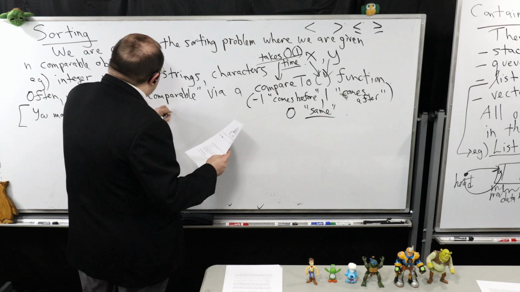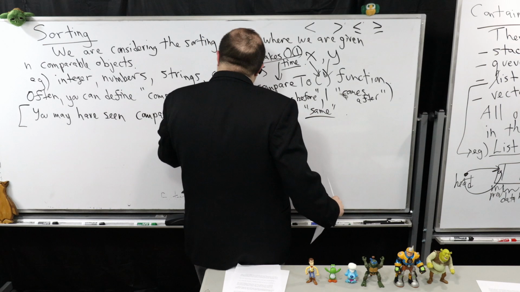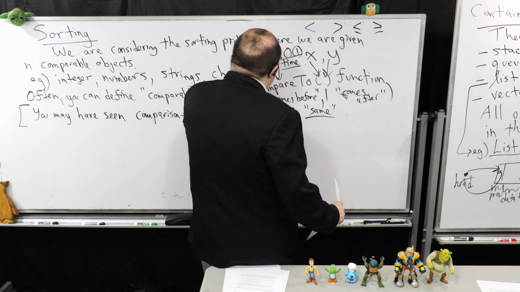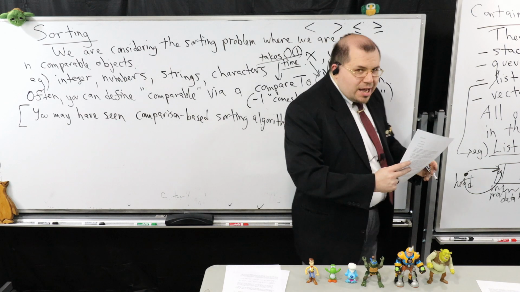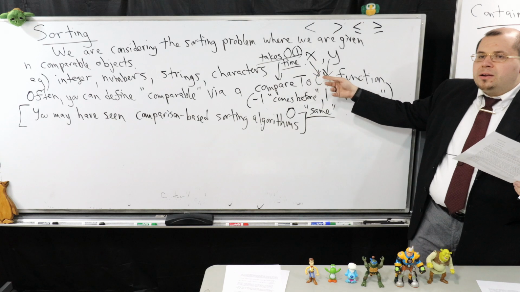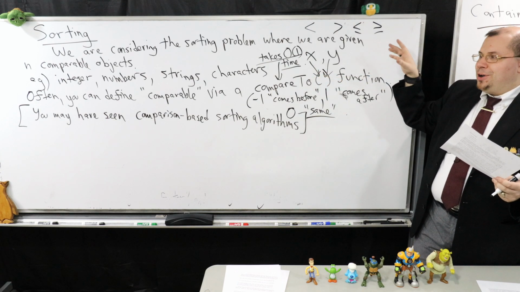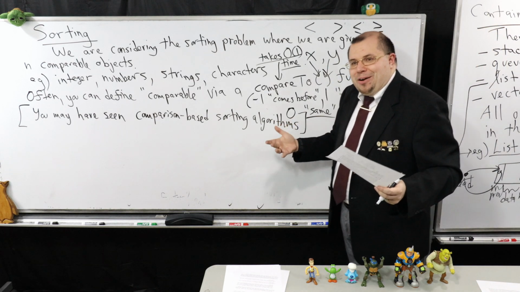These are sorting algorithms based on the idea that I can compare two elements. So if I want to know if X comes before Y, that is a question, a comparison.